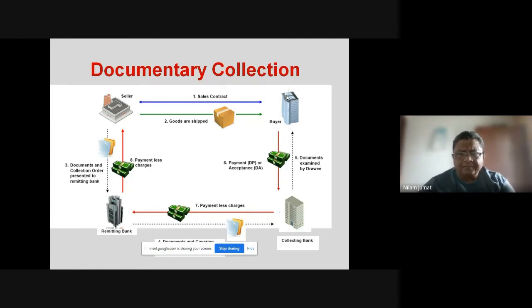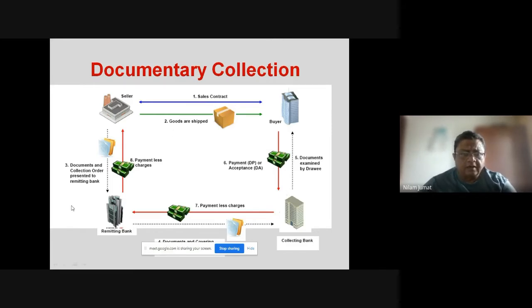But the difference here is he will ship the goods, right? But the certificate of origin, the BL and the invoice, he will send through his bankers to the importer's bank. Clear? Right. Now, once the importer's bank gets the three important documents, the BL, invoice, and certificate of origin, it will inform the importer that three documents have come, for you to come and take, pay the money first and then take them.